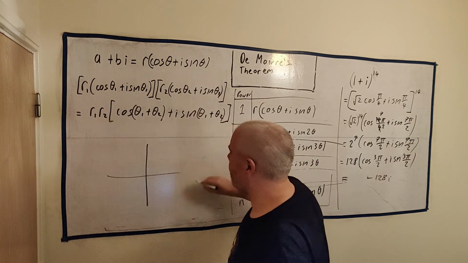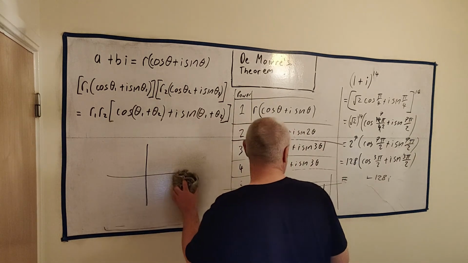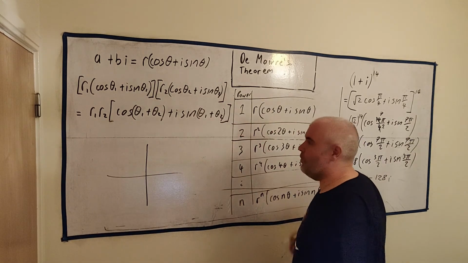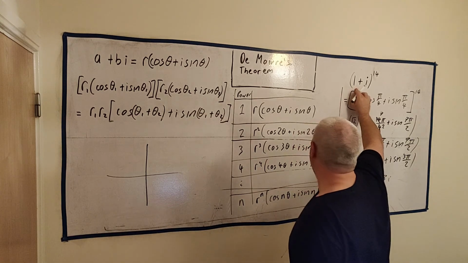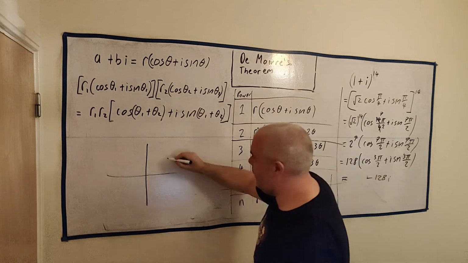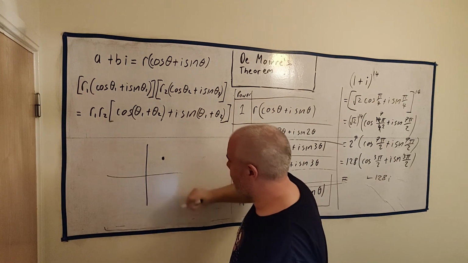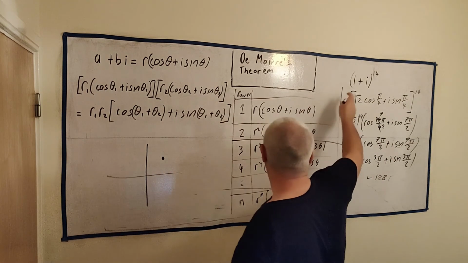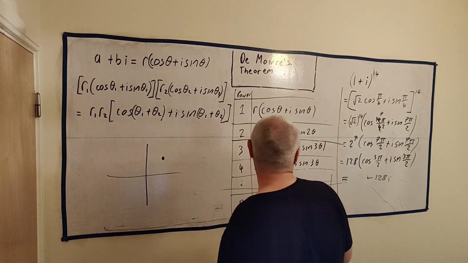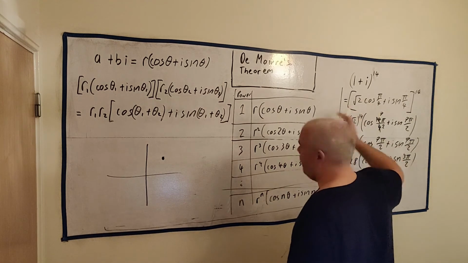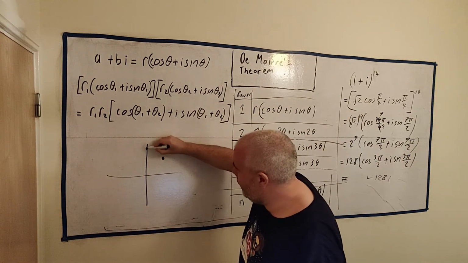One last thing here. Just one interesting thing about this number, 1 plus i. It started off here. And if we multiply by itself, we would have got a number here.